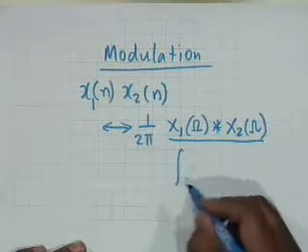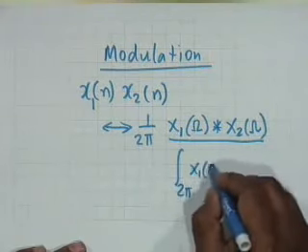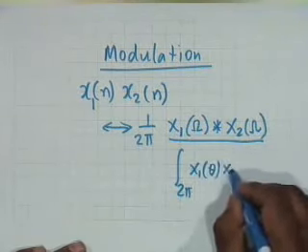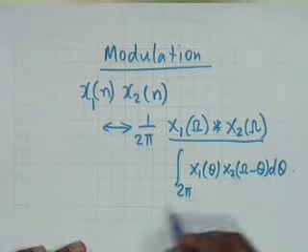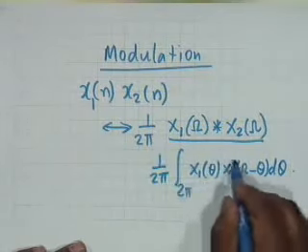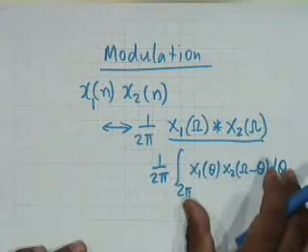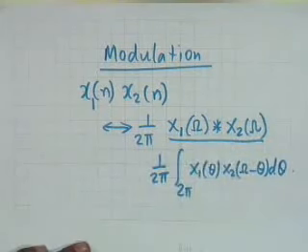It is integral over 2 pi, x1 of theta, let's say, then x2 of omega minus theta d theta, and 1 over 2 pi. The convolution is this integral or 1 over 2 pi times this? Only the integral. All right.